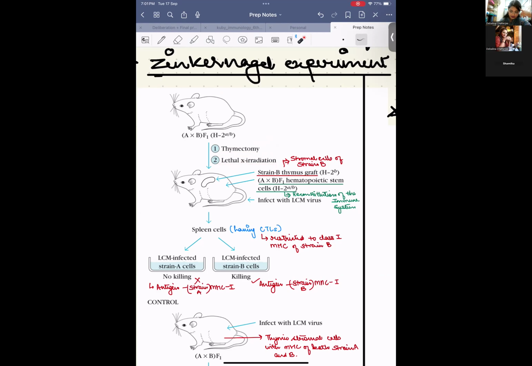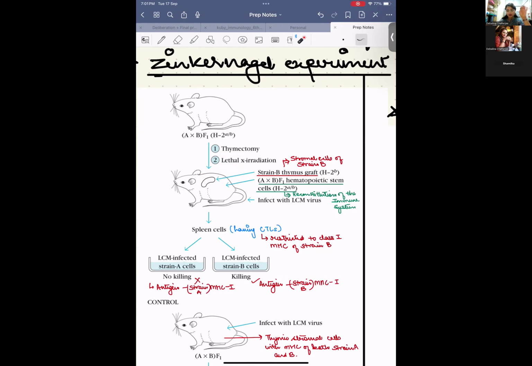So eventually, this mouse is the same progeny, but from the B parent, they took the thymus and grafted it inside the same mouse which underwent thymectomy and lethal X-ray irradiation.